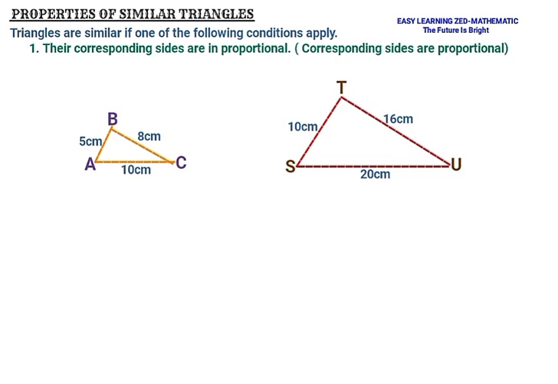Now we are able to tell that AB, let's write the corresponding sides. We're able to say AB is corresponding with ST in the bigger triangle. AB in the smaller triangle is corresponding to ST. These are the same sides, the corresponding sides.